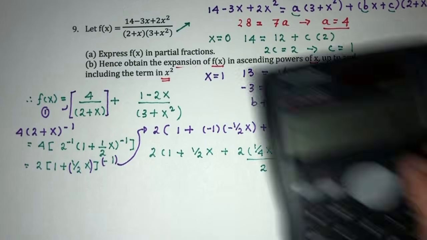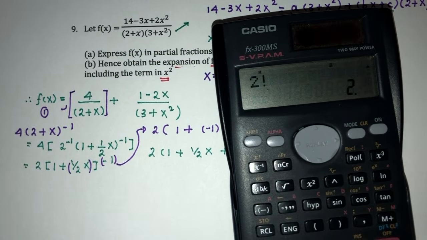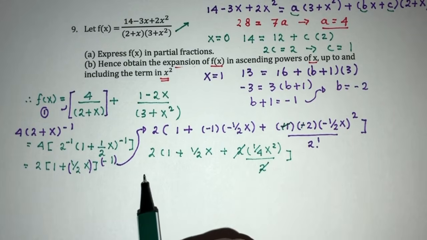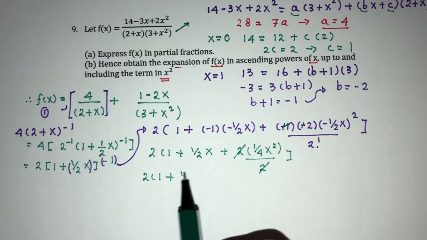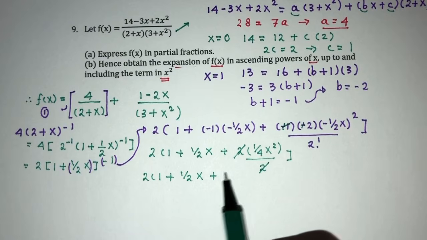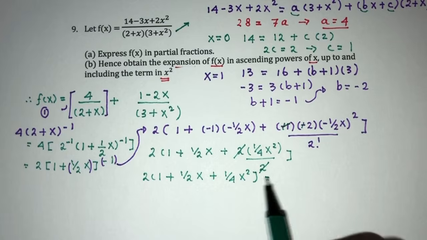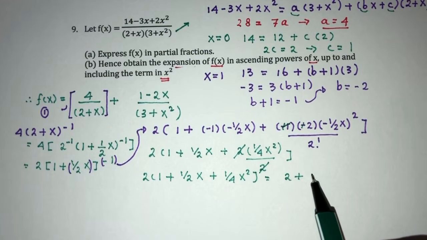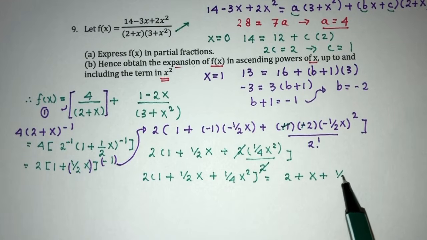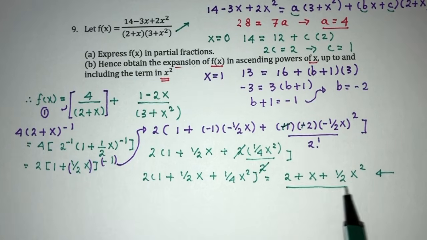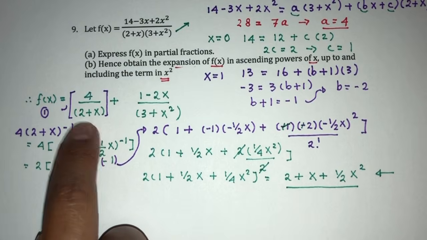Because 2 factorial, we can check, 2 factorial is just 2. So this and this will cancel out. So you will have 2 times 1 plus half x plus 1 over 4 x squared. That will give you 2 plus x plus 1 over 2 x squared. So this is the first expansion for this one.